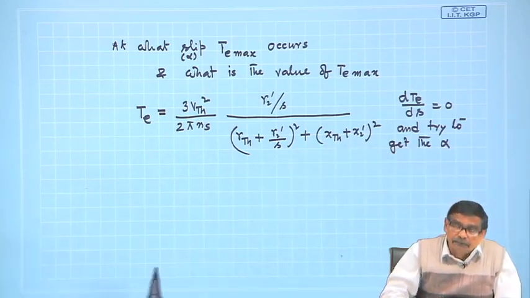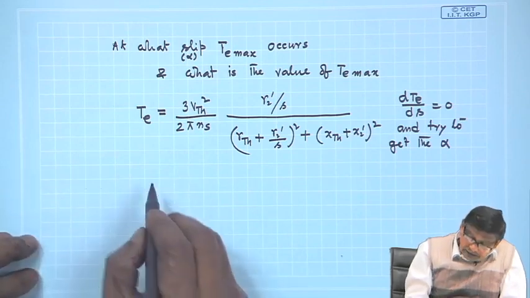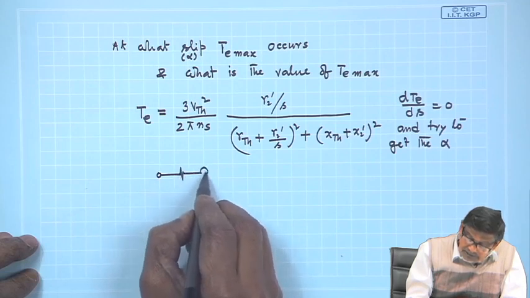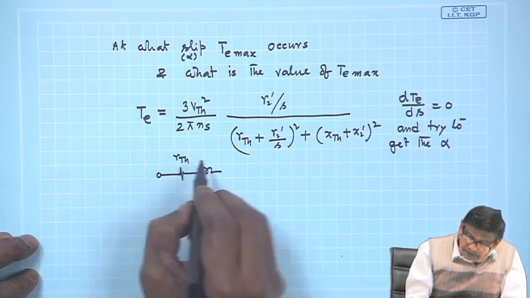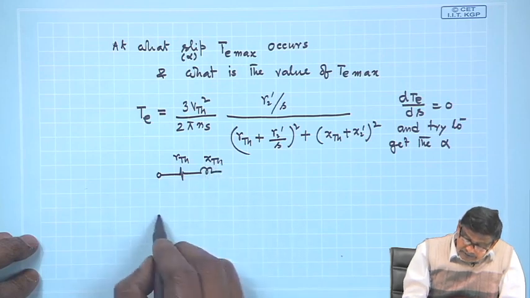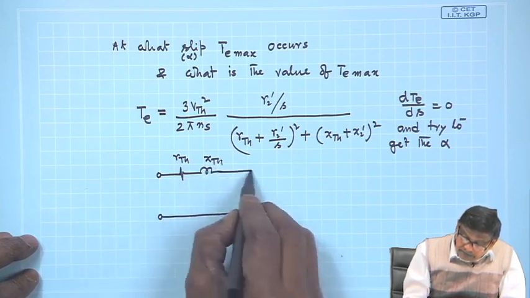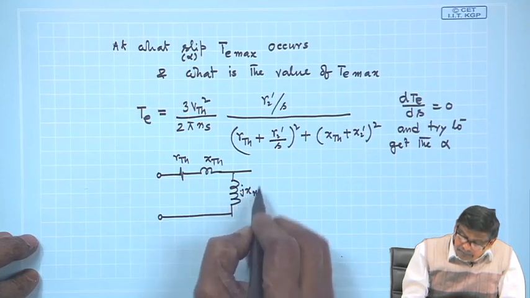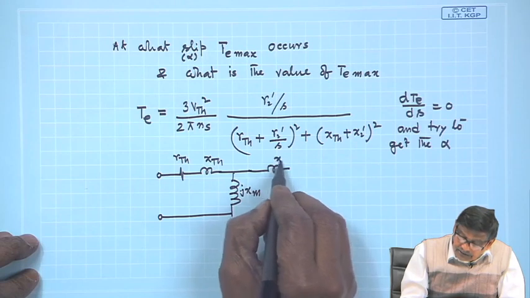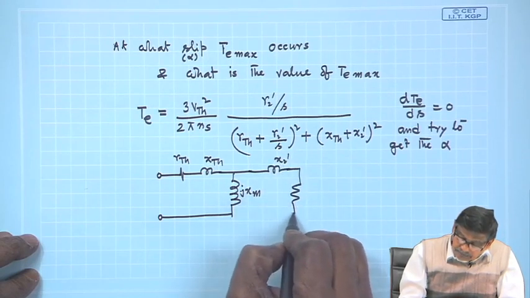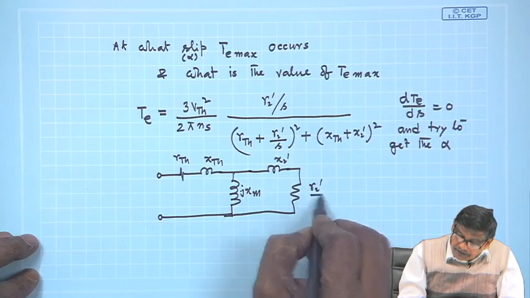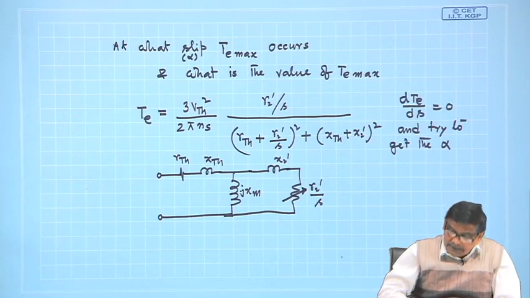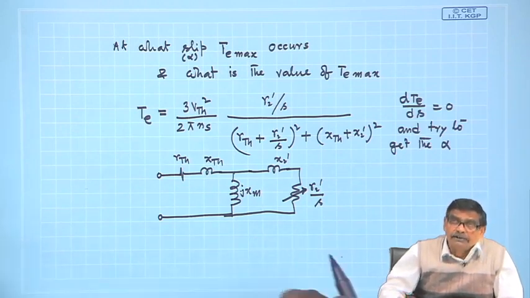Rather, we will try to get that expression in a much more elegant way, because I know the equivalent circuit of this induction motor looks like this. This is R Thevenin, this is X Thevenin, this is the magnetizing inductance jXm, this is X2 dashed, and this is R2 dashed by s. Sometimes people put a variable resistance sign to indicate that the machine may operate at different slip.